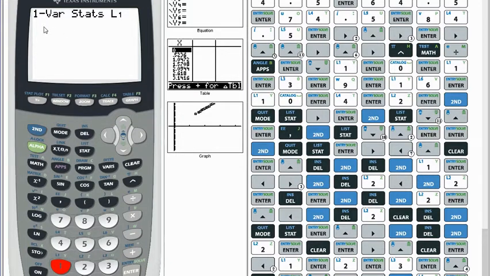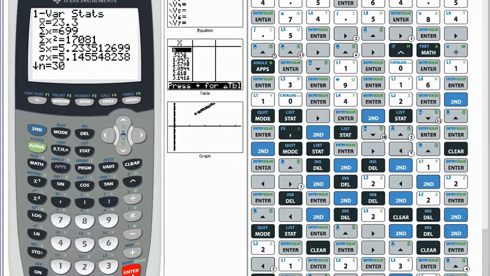Yours probably says X list, that would be L1, and then it says frequency list, and that's if you have a frequency table, but we don't, we just have a list of data. So make sure the frequency list says 1 or says nothing. Okay, now I'm going to hit enter, and even with the new software, you should end up with this list. There's your mean. If you don't have 23.3, then you've entered your data incorrectly.